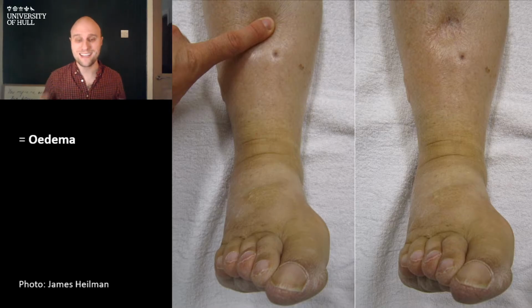So there's an excess of tissue fluid, and this is one of the causes for what we would refer to as peripheral edema. And you can see in this photograph, this is actually very severe edema when that person is pressing, and I think this would be quite a painful thing to do as well, pressing on the skin. It's actually leaving behind a mark because the tissues are so waterlogged and so full of that excess fluid.